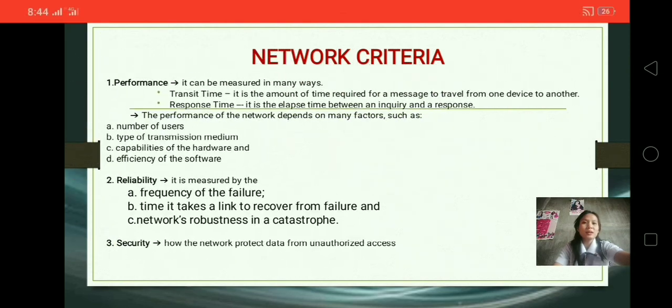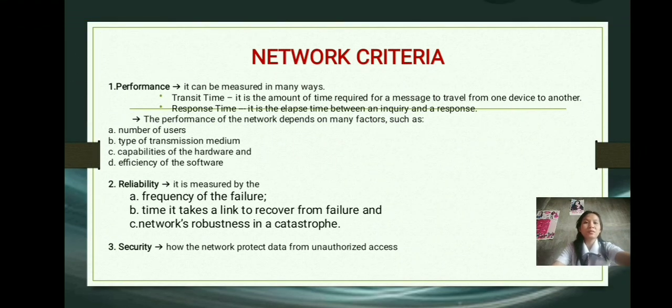Next, let's move on to the network criteria. First one is performance. It can be measured in many ways.